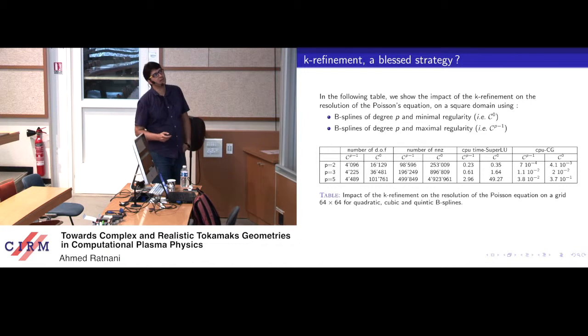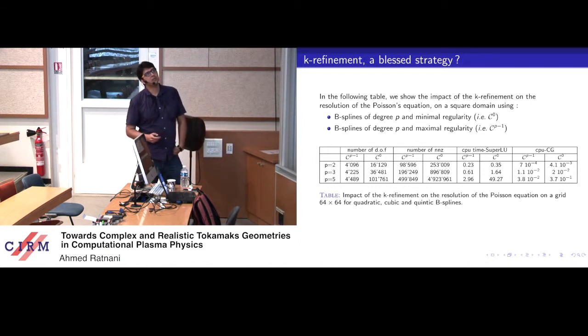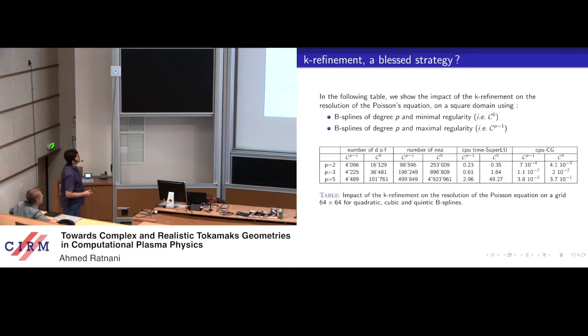Here it goes like a multiple of 8. The number of non-zeros of your matrix is, in this case, multiplied by 10. Here is the time consumption for SuperLU. You see that the difference is very important, and also for the conjugate gradient.